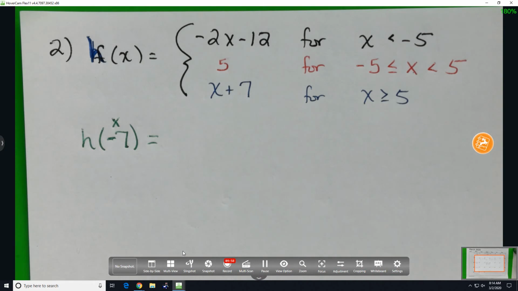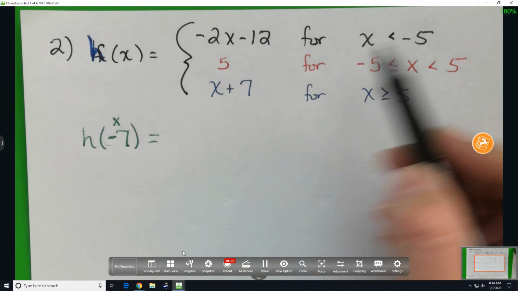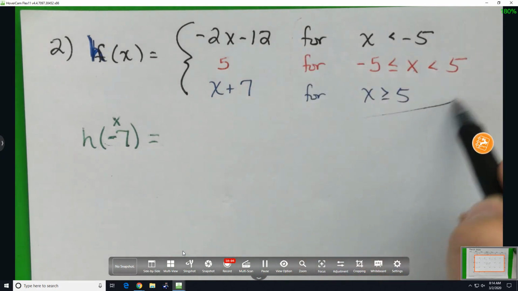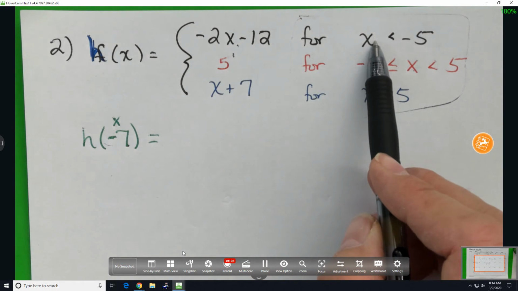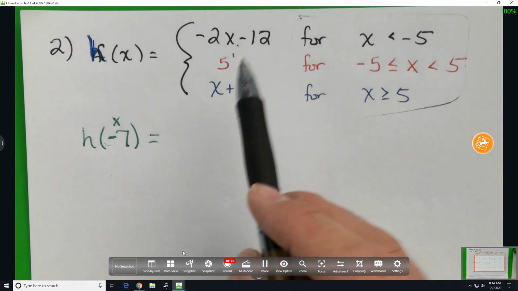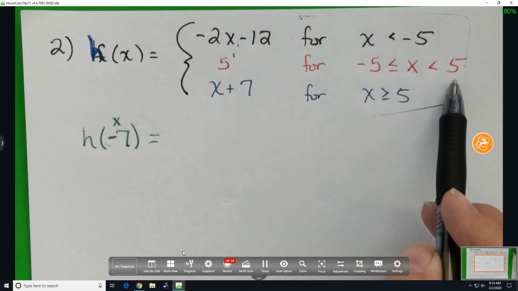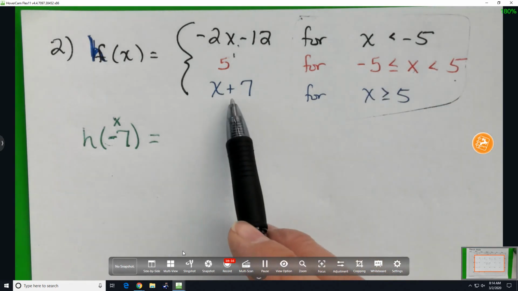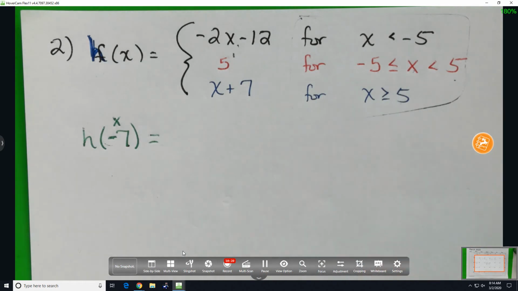So the way you decide is you look at the number in the parentheses, and then you look over here. You're going to use the black rule if your x is less than -5. We'll use the red rule if our x value is between -5 and 5. You'll use the blue rule if your x is greater than or equal to 5.